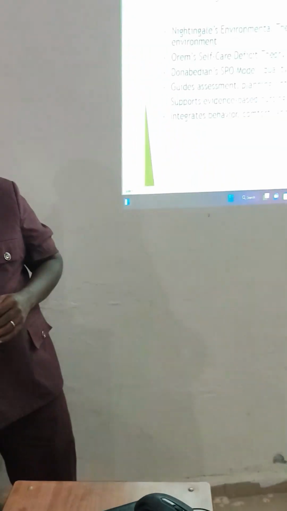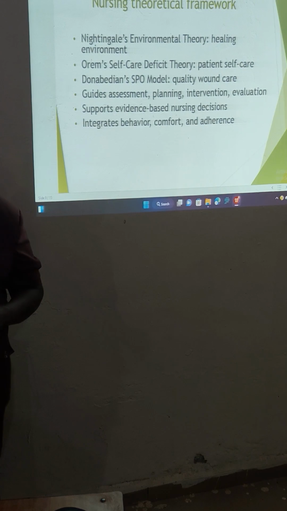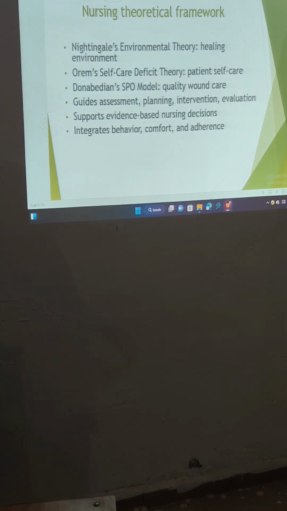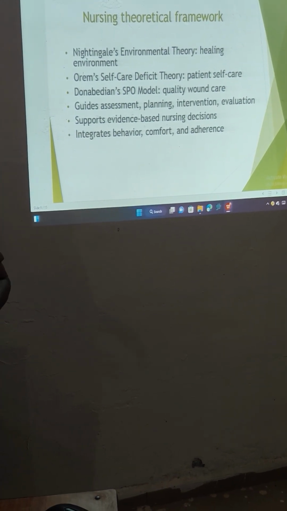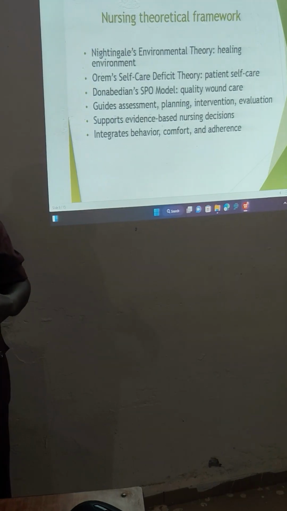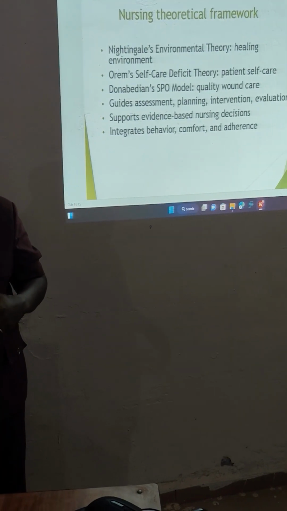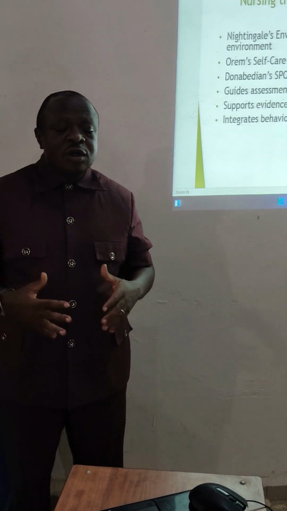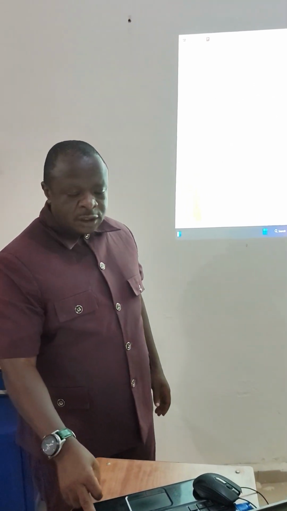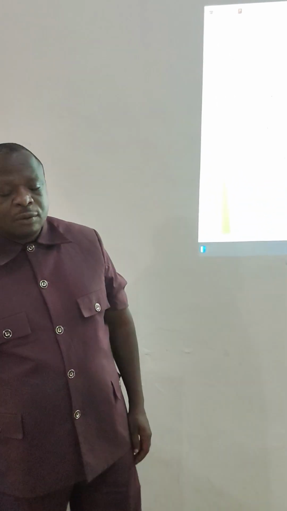We have Orem's self-care deficit theory. Patient self-care is improved when they are taught how to use this honey. Patients are taught how to apply the honey even at home, not necessarily in the hospital. The next one is nursing responsibility.